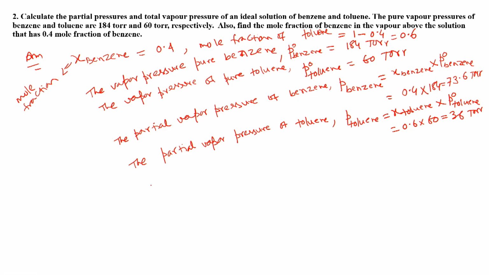So the total vapor pressure of the solution, P, is P benzene plus P toluene.